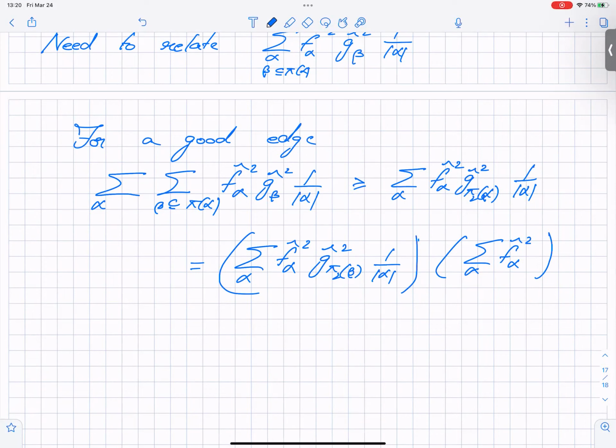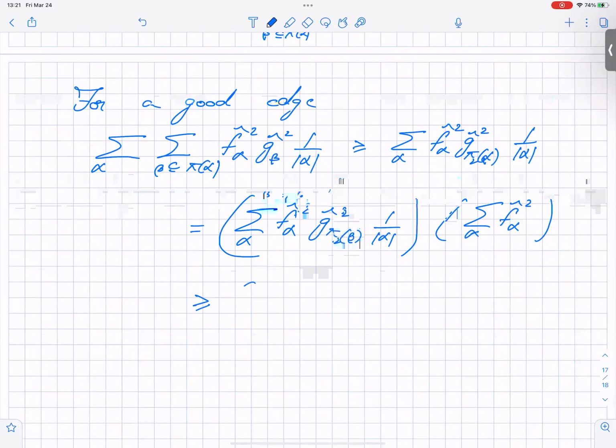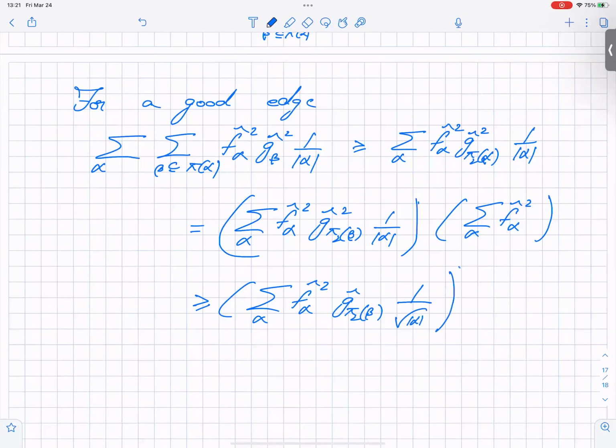I'm not going to add the other one. So then this is greater than or equal to summation over alpha f hat square alpha g hat pi 2 beta times 1 over square root size of alpha, the whole square. That's Cauchy-Schwarz. This is almost what we want, except this is 1 over square root alpha, that's 1 minus 2 epsilon to the power alpha.